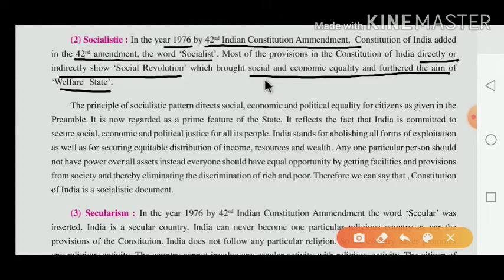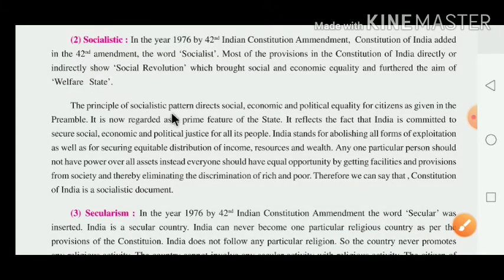Why was this word included? It was included for social and economic equality and the welfare of the states. That is why, in 1976, by the 42nd Indian Constitution Amendment Act, the word socialist was included, giving social and economic equality for the welfare of the states.